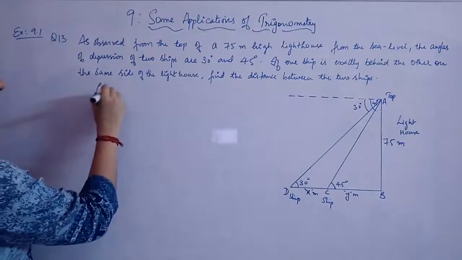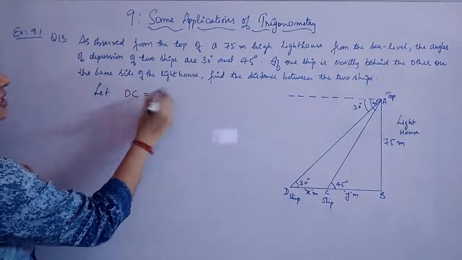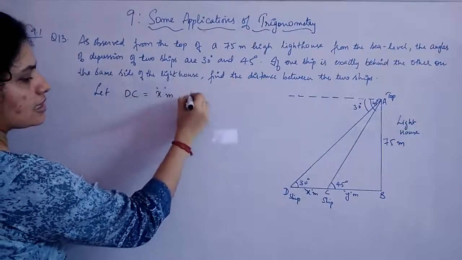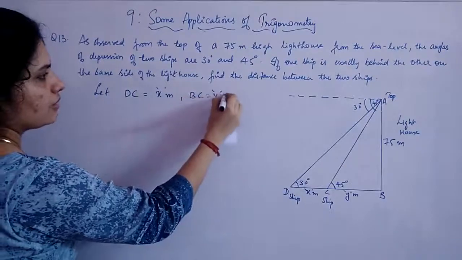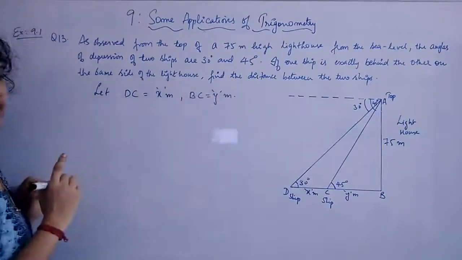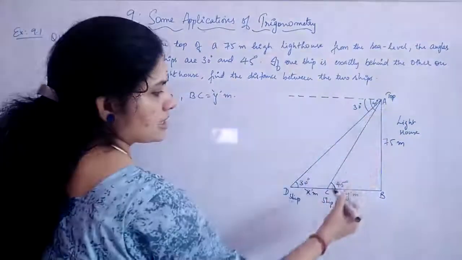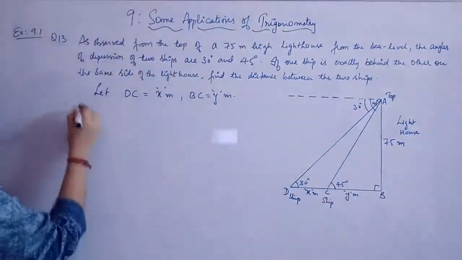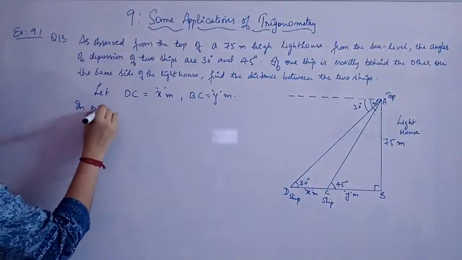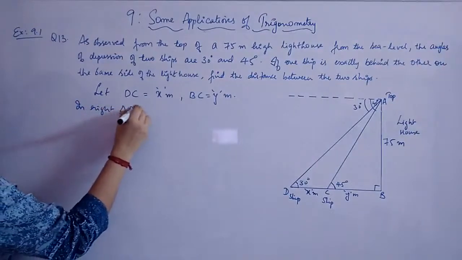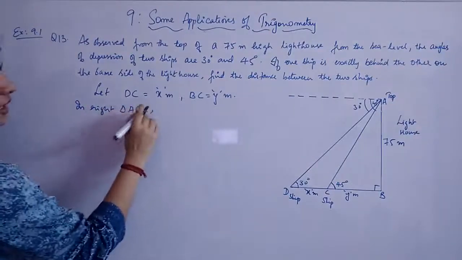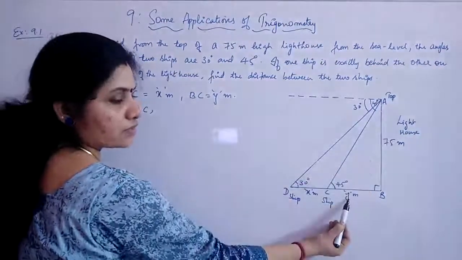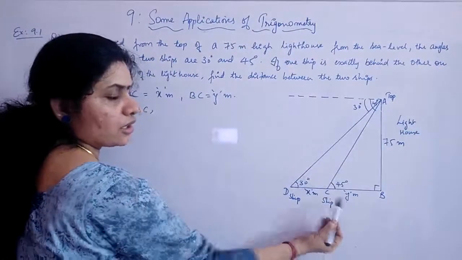So let DC, which is the distance between the two ships, be taken as X meters, and BC as Y meters. Now first we are considering triangle ABC. Again this is right angled at B. So in right triangle ABC, you have the opposite side and you have to get Y first, which is the adjacent side.